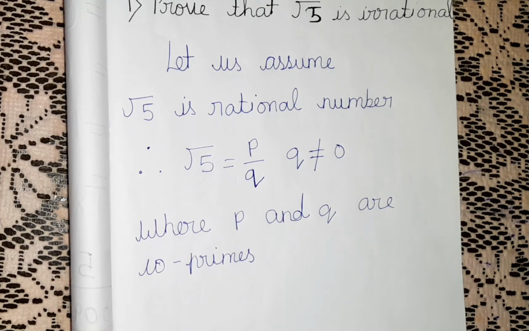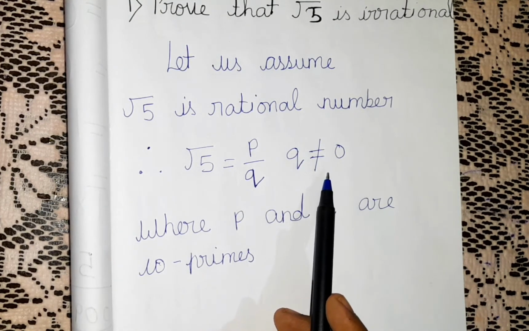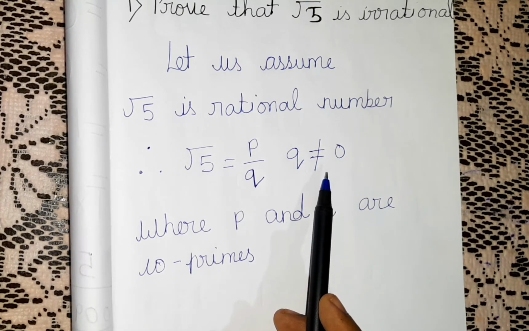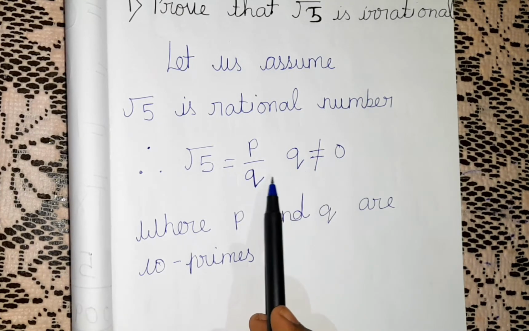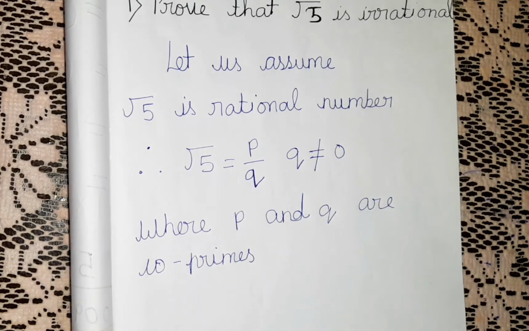That is the definition. So whenever we take a rational number, we should write this form, where p and q are co-primes.